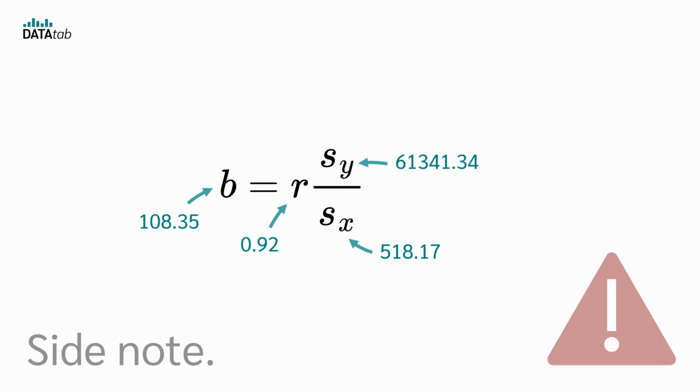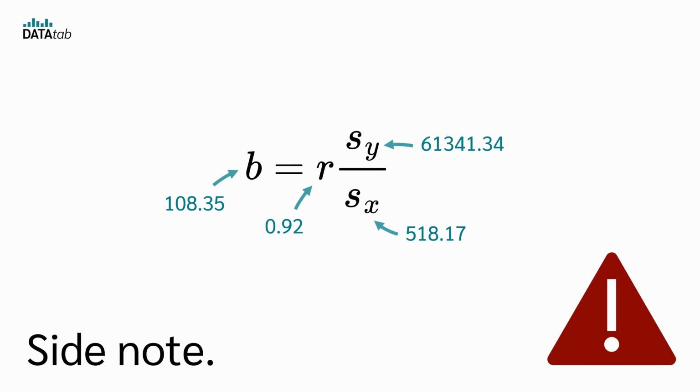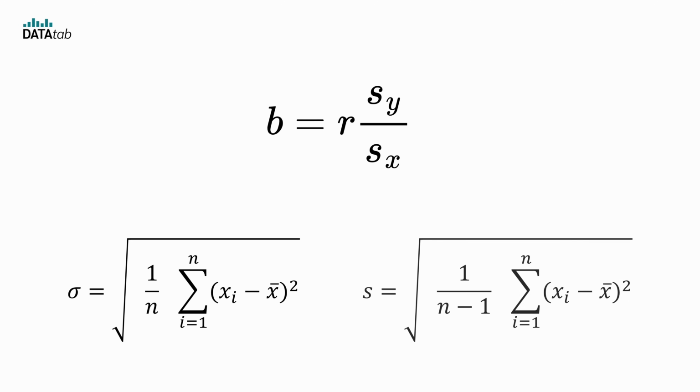so in this case our b is 108.35. Here's a quick side note for anyone who wants to follow along and recalculate the example. There are 2 slightly different formulas for standard deviation. One divides by n and the other by n-1. Without diving into the details now, almost all statistical software uses the formula with n-1 to calculate the standard deviation.